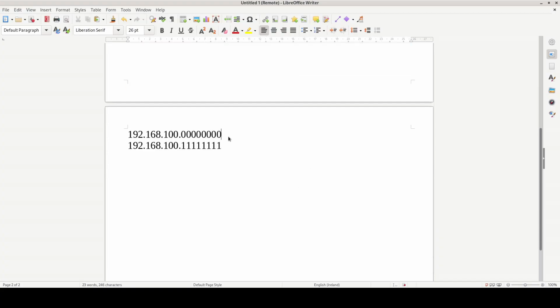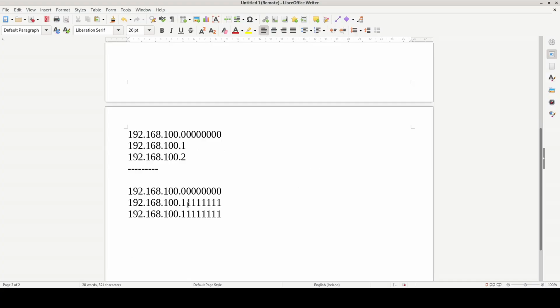Now I'm going to write the values as decimal: 0, then 1, then 2, 3, 4, 5, 6, 7, 8, 9, 10. This way we will get 255, 254, and 253 here. Now this is our reserve.